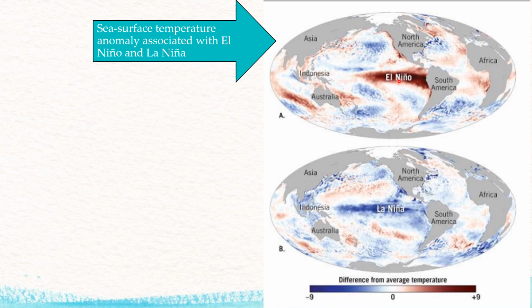This is the high temperature in maroon, in dark red, and La Nina is in blue. So this is South America, and this is the Eastern Pacific, where you can see the sea surface temperature anomaly during this El Nino and La Nina event.